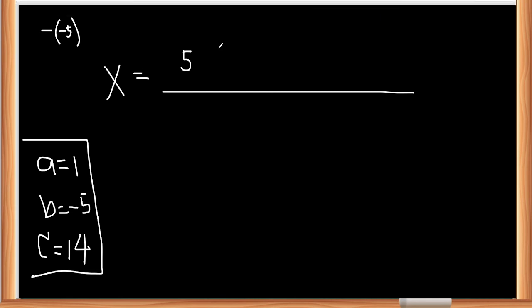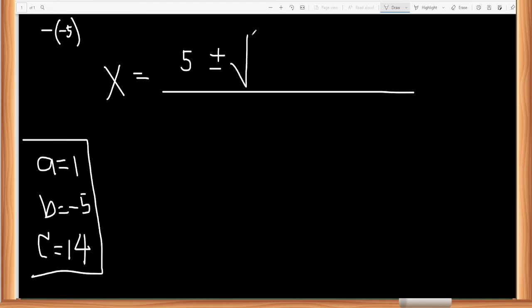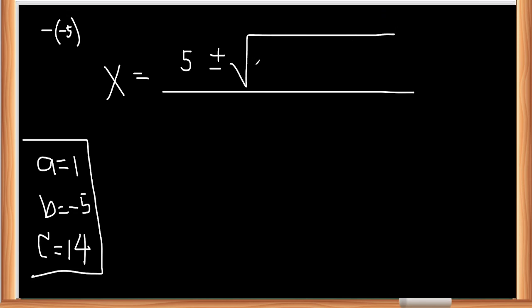Plus and minus. Negative 5 squared. Can you please speak louder? Negative 5 squared. Ano pang ilalagay muna natin dito? Square root, no? Square root. Okay. And then, negative 5 squared, yung buong negative 5 square natin.